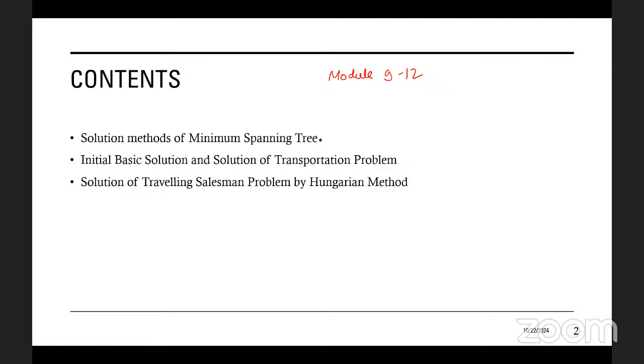The first being the solution methods for minimum spanning tree. Second being initial basic solution for the transportation problem, and then the minimization of cost for the transportation problem. And finally, we will be solving the traveling salesman problem by the Hungarian method. So we'll start with the solution methods for minimum spanning tree.